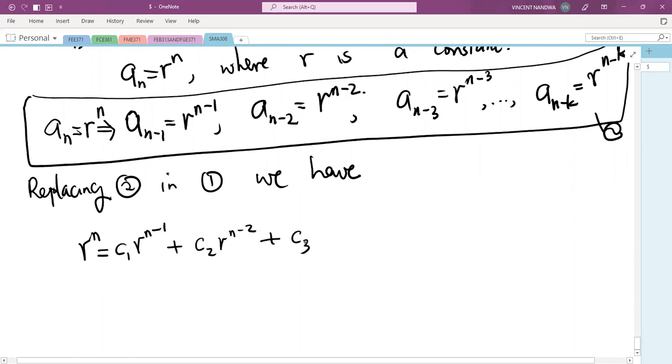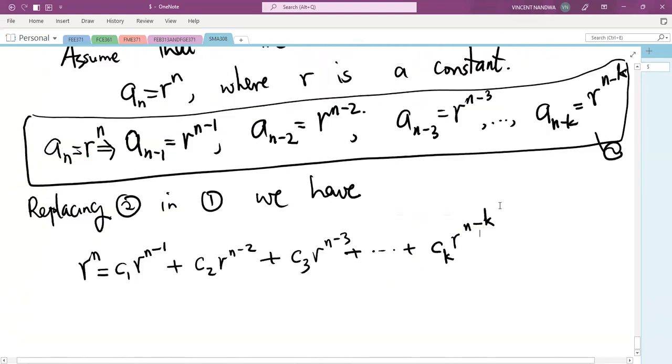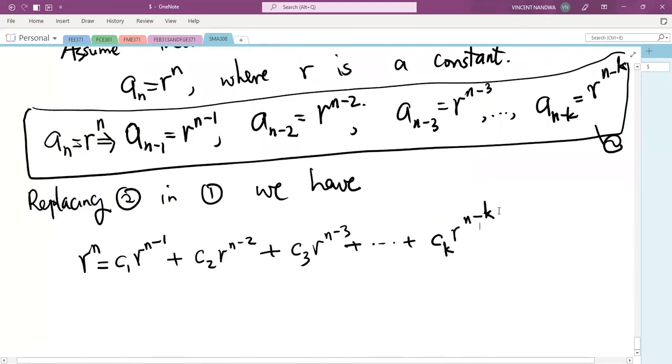Next will be c_3 r^{n-3} plus up to c_k r^{n-k}. So those will be the substitution of 2 in 1.